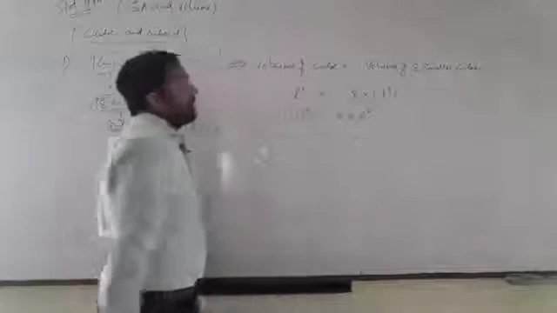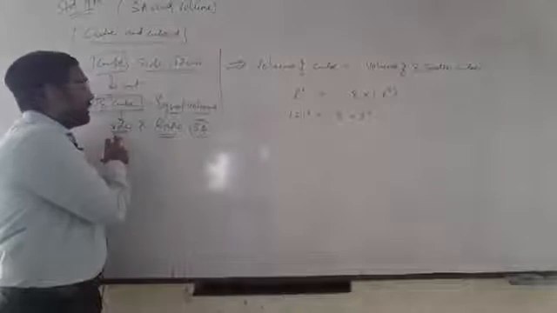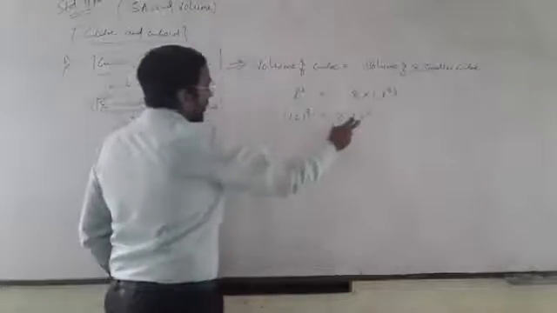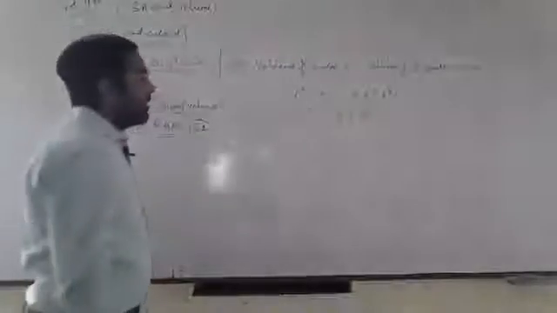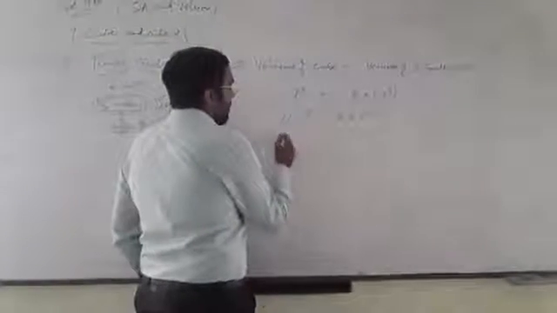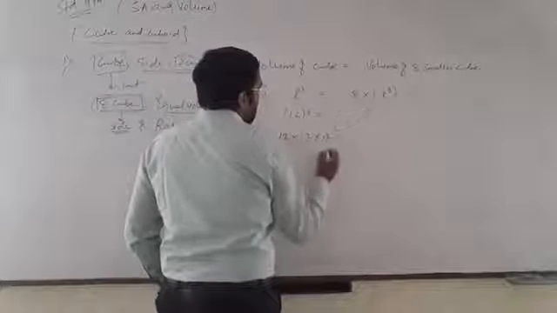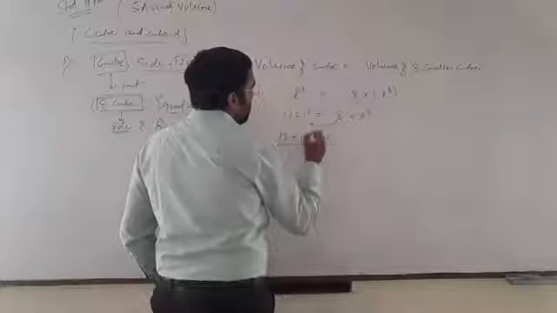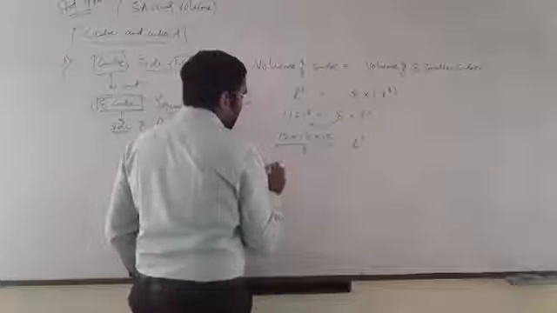For the smaller cube, the side is not given, so I'll take L, the length of the cube, as it is. Now 12 cube, that is 12 into 12 into 12, divided by 8, is equal to L cube.